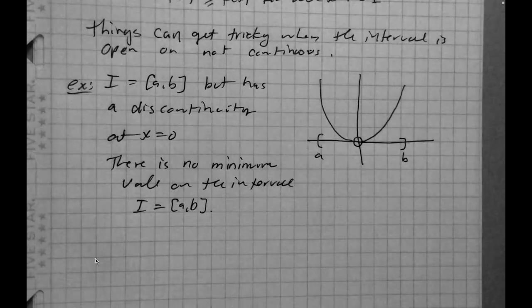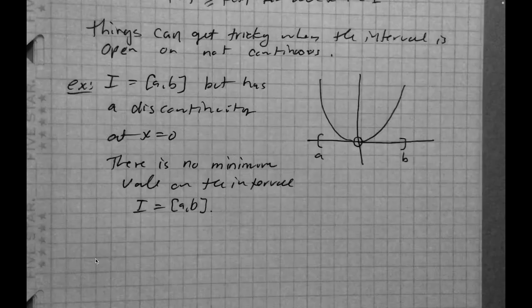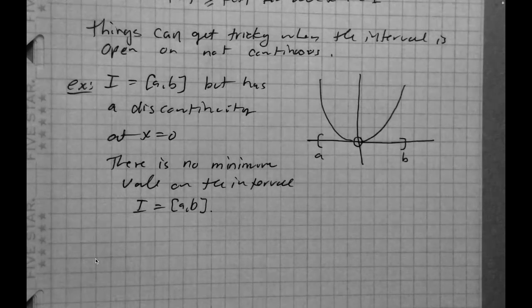Now, this is actually a far more profound concept than you may think at first glance. You may say, well, wait a second, what about the point right next to x equals 0? Wouldn't that represent a minimum? Well, theoretically speaking, if you were able to identify the point right next to x equals 0, it would represent a minimum, but that point is not a point you can find.